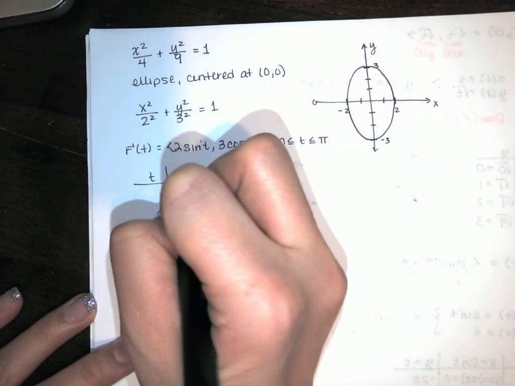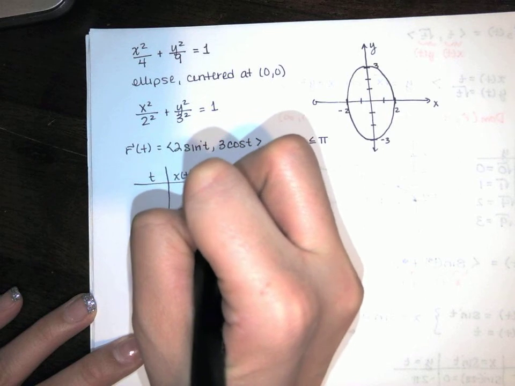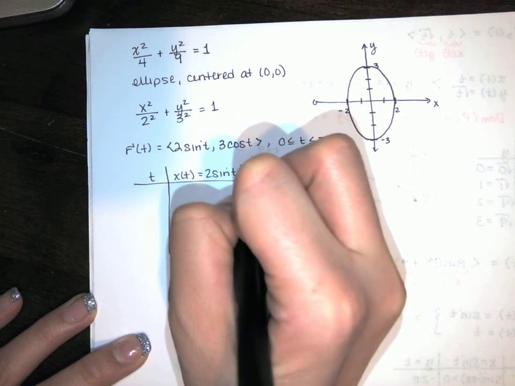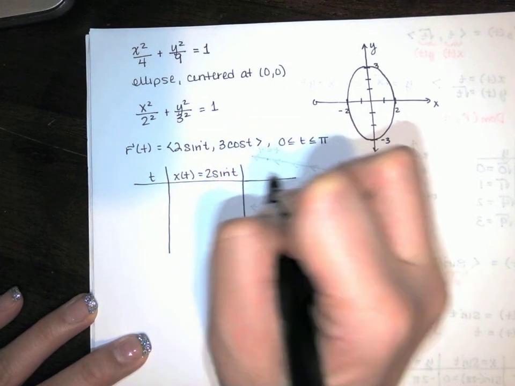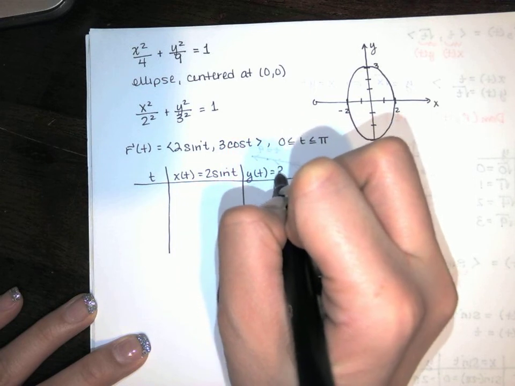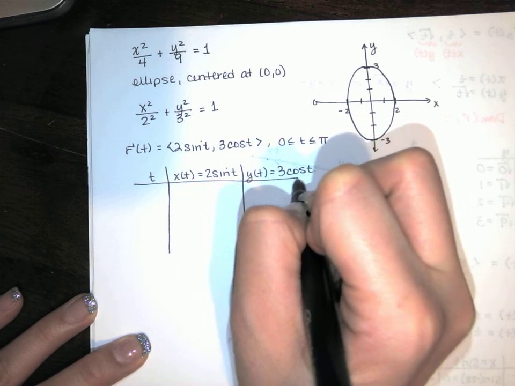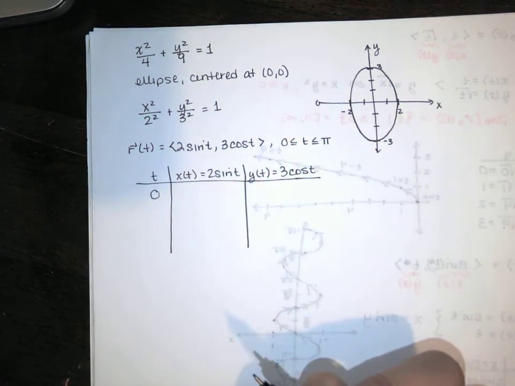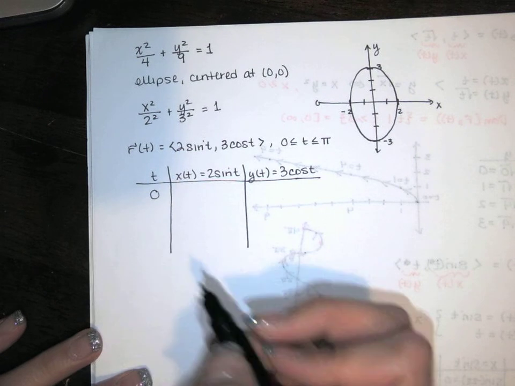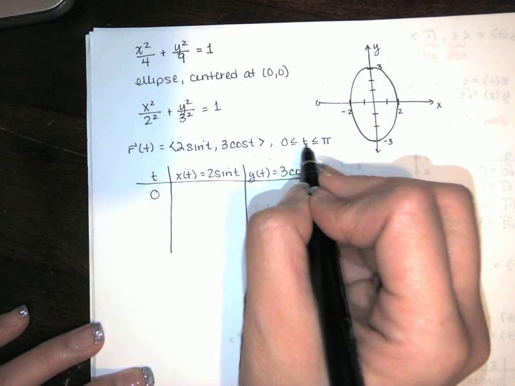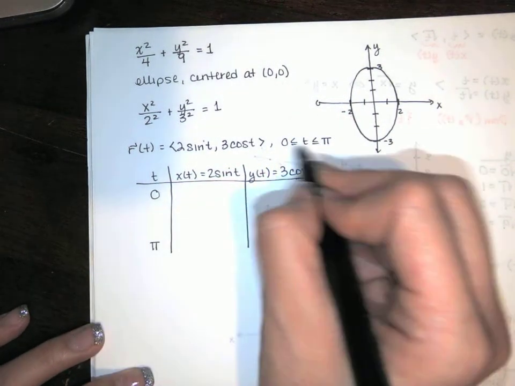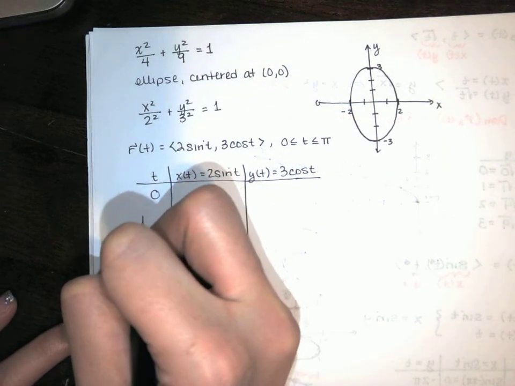If we're not sure, this will always work. So let's use 0, and I want to use pi as well. Then just pick some point between 0 and pi. A convenient one is pi over 2.